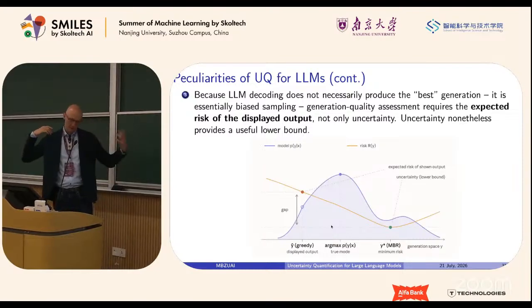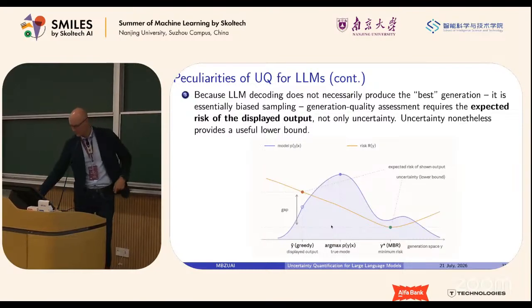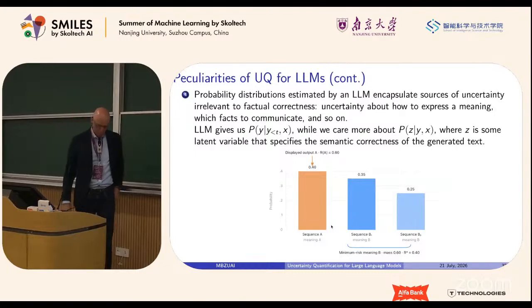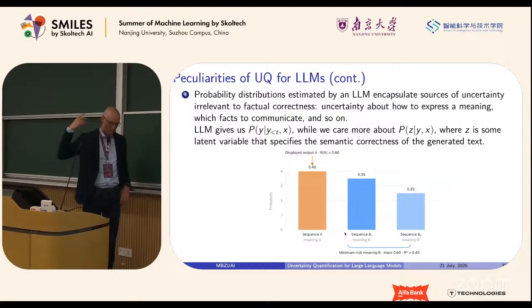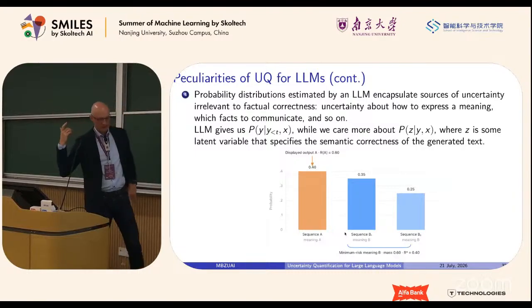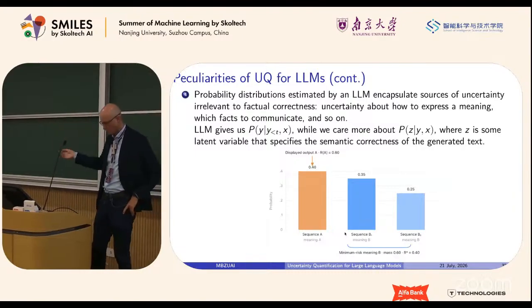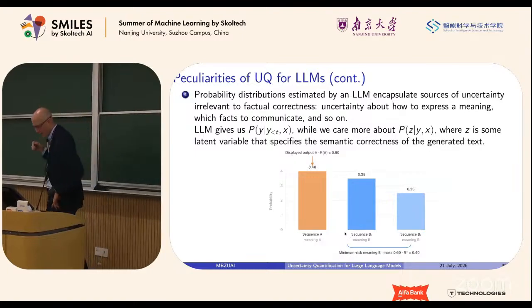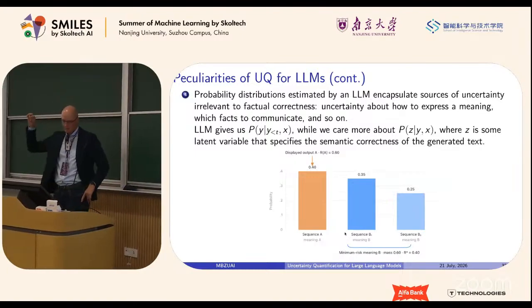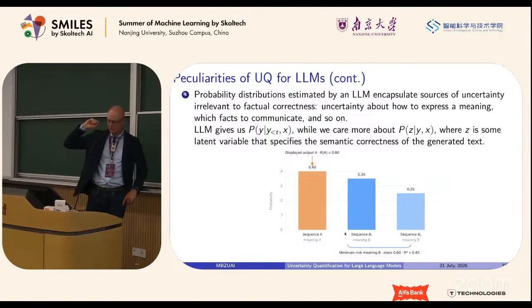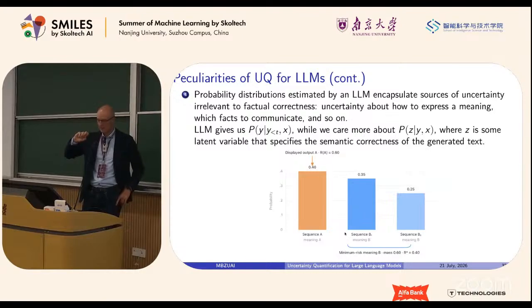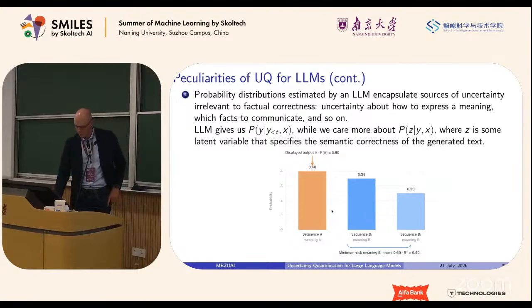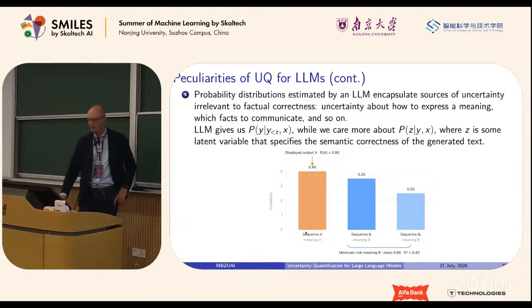For example, you might sample 3 meanings. One of them is sequence A and has meaning A, but there are 2 other sequences, sequence B1 and B2, and they both have the same meaning.